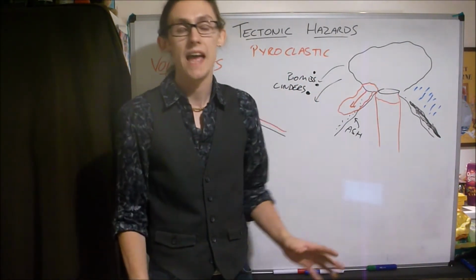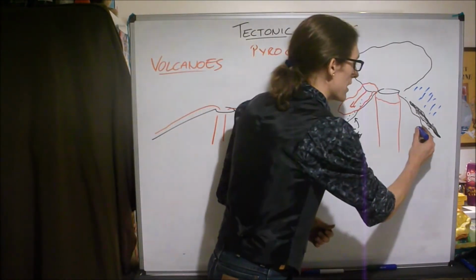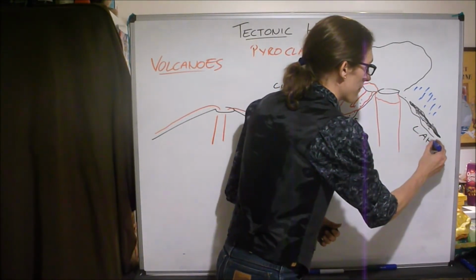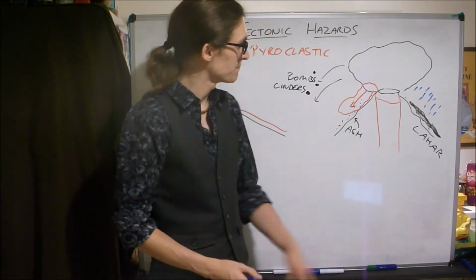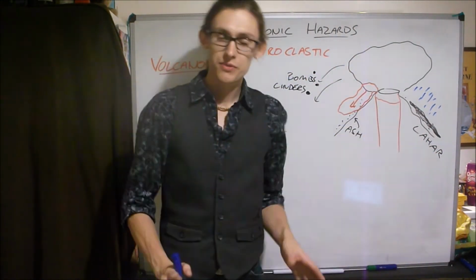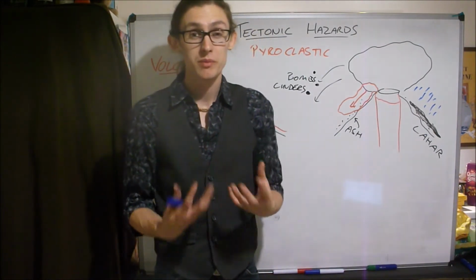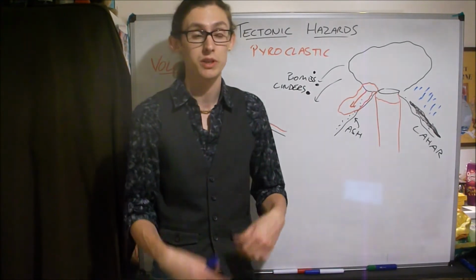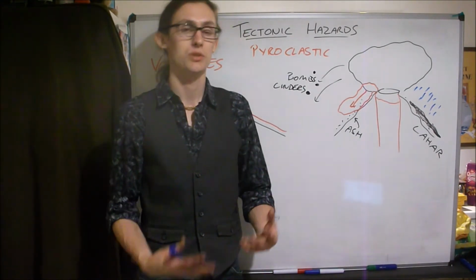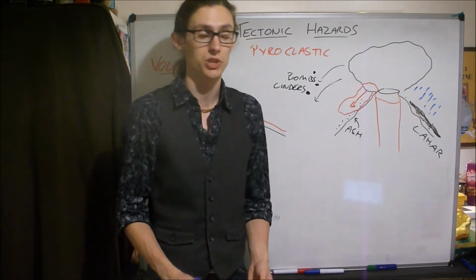It covers everything, and this is known as a lahar. L-A-H-A-R, lahar. It's very fast flowing. It can basically be a river of mud, so it can drown people, destroy homes, destroy buildings, certainly destroys cropland. So in the least developed countries, it's a huge issue.